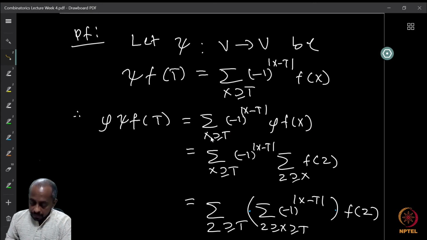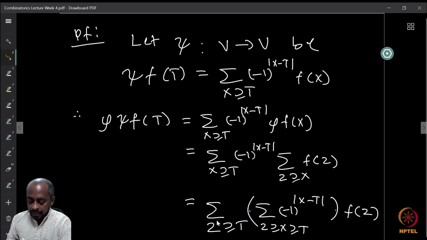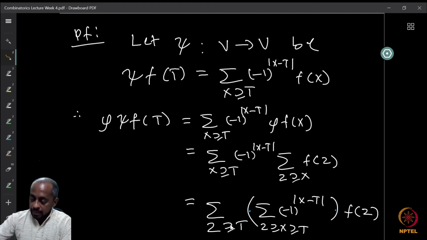Now you take this and realize that x contains t and z contains x. So therefore, I can write it as the summation over all z containing t, and the summation over x with z containing x containing t of minus 1 raised to mod x minus t. Now this part is independent of the choice of z, so therefore I can compute it. And what is that?